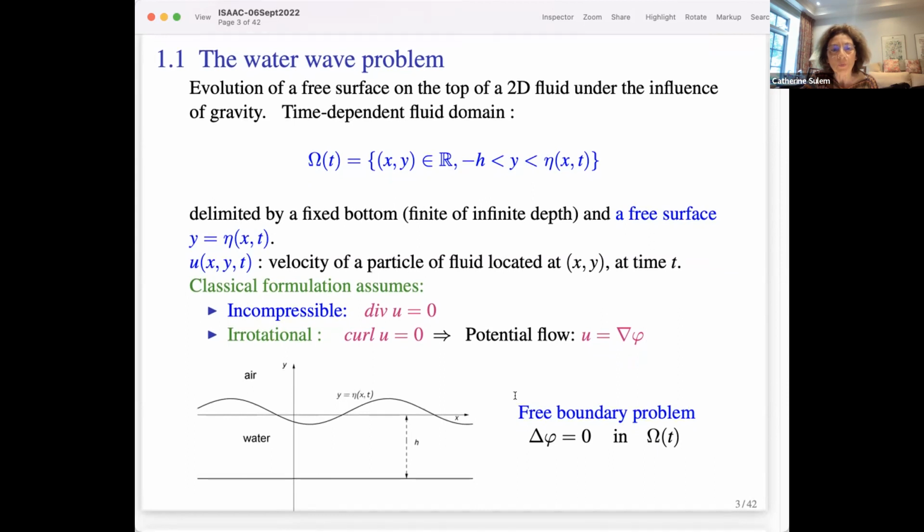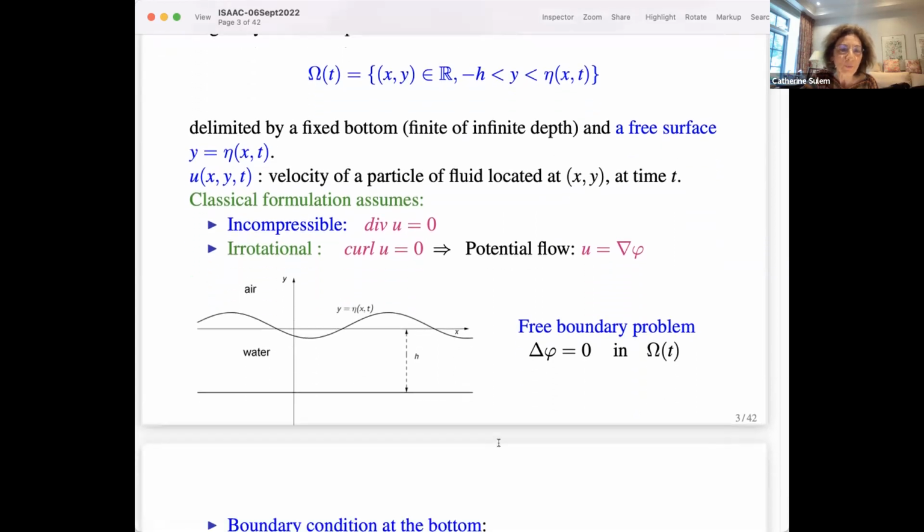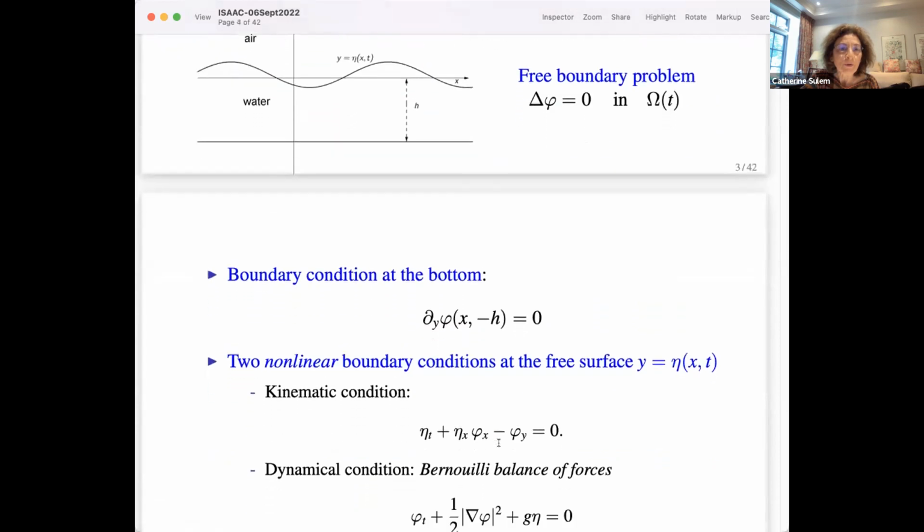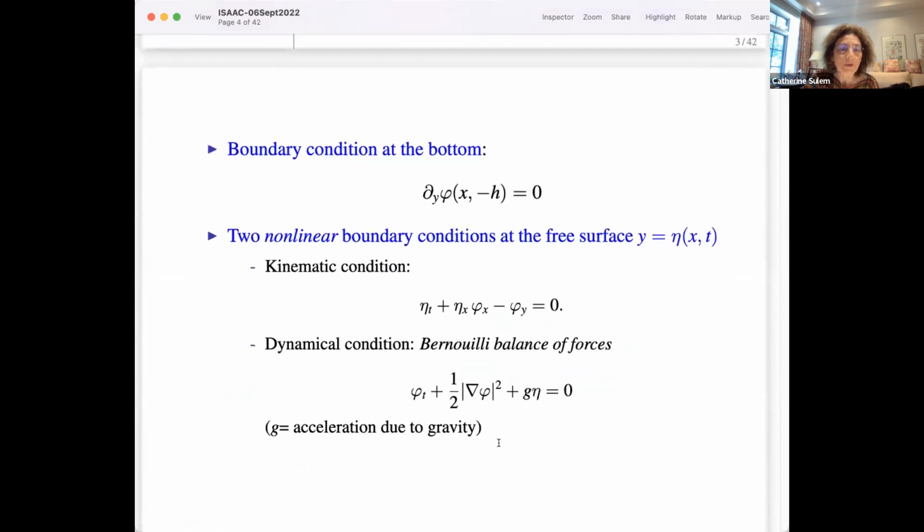This leads to the existence of a potential flow that I denote phi that satisfies the Laplace equation in the domain. All the non-linearity is expressed through boundary conditions at the free surface, the two classical boundary conditions, kinematic and dynamic.